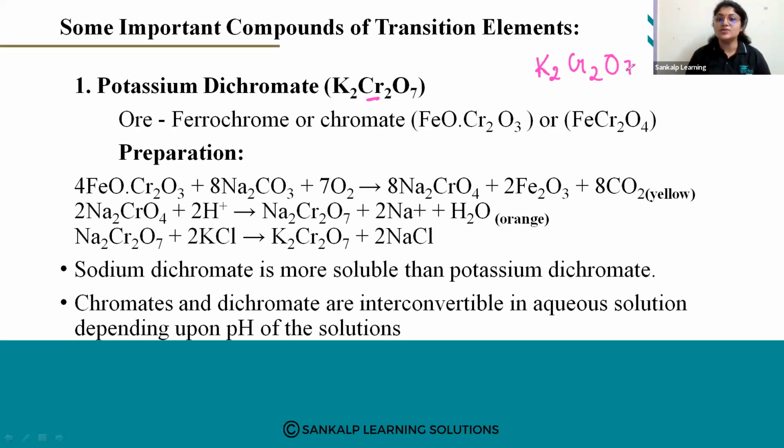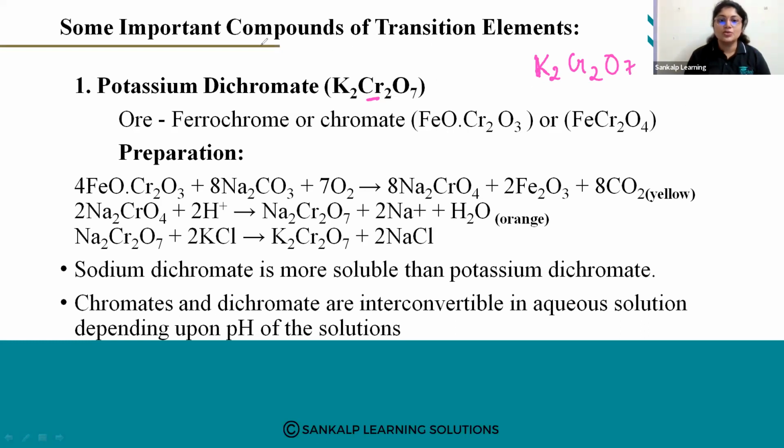Oxygen commonly exhibits -2, hydrogen +1. These are some of the commonly shown oxidation states. Now, potassium is an alkali metal, so it will exhibit +1 state. I'll show you how to solve this.